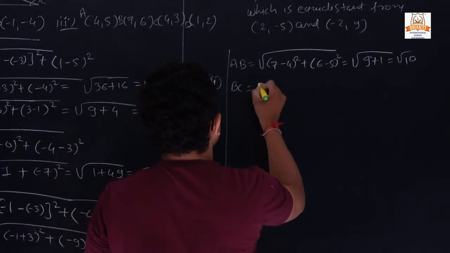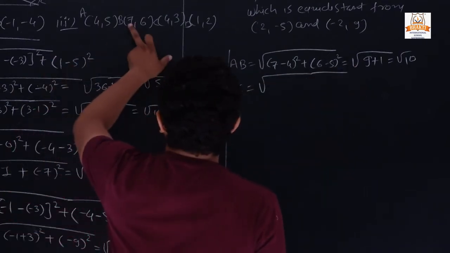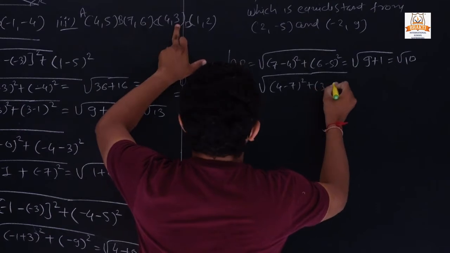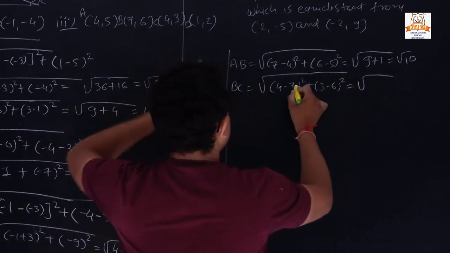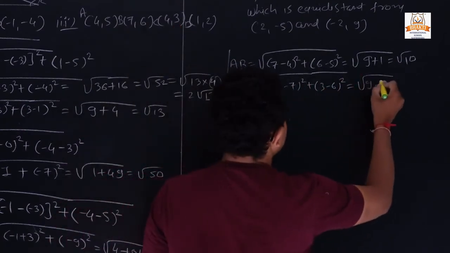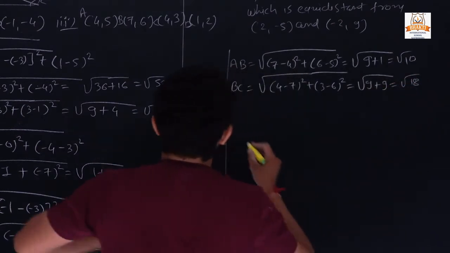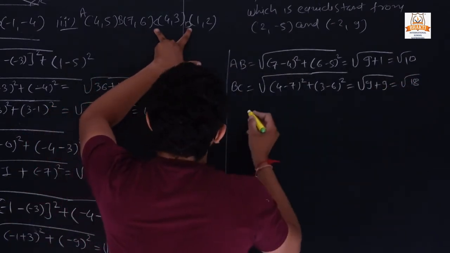Then BC, 4 minus 7 all square plus 3 minus 6 all square. So 7 minus 4, minus 3 square, it is 9, and once again 3 square is 9, so it is root 18. Now CD.